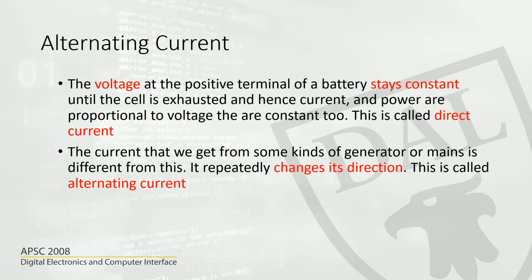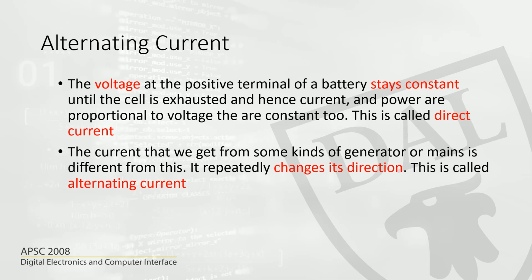For example, if you put an oscilloscope or a meter across the socket's neutral and live terminals, you will see the voltage changing its direction 60 times a second. And that is called the frequency.